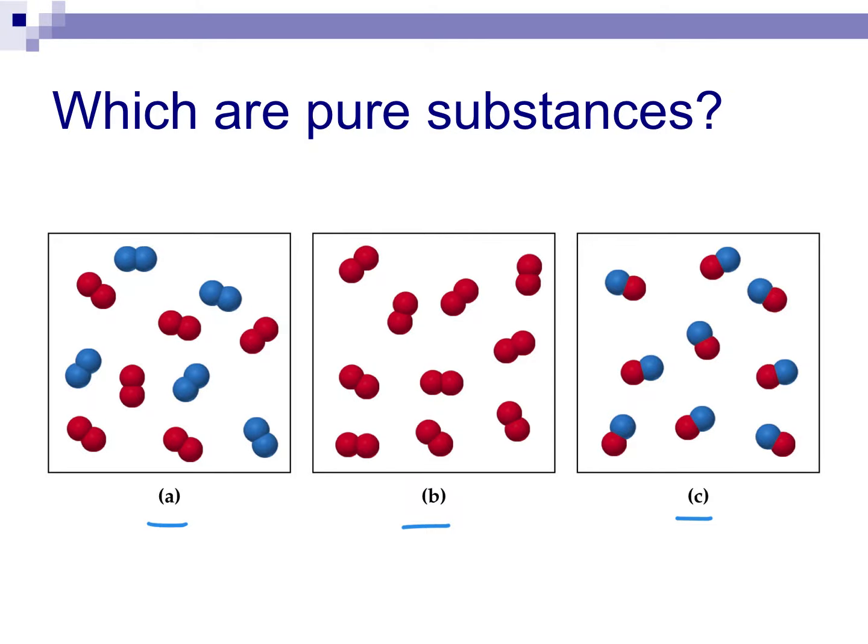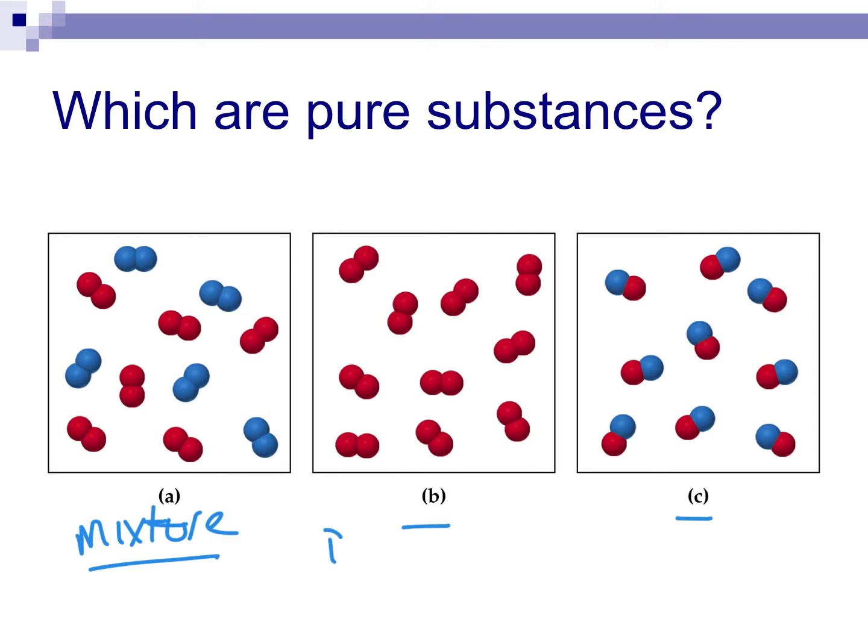Can you tell? Well, letter A is a mixture. You see, we've got the mixture of the blue molecules and the red molecules. We have two different substances there. That's a mixture.